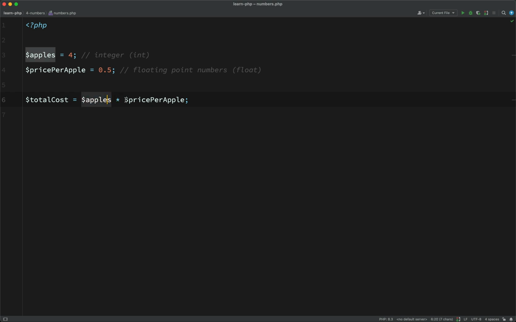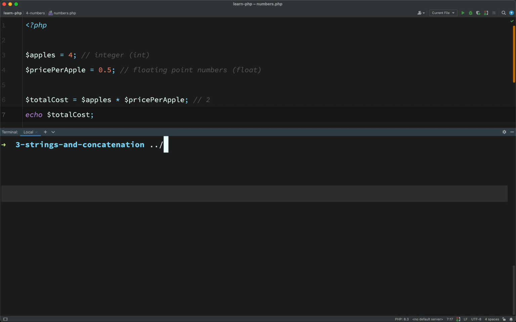So we are multiplying apples by price per apple, so 4 multiplied by 0.5, so we should get a total of 2 here. Okay, so let's echo total cost. And we'll make sure we're in the right folder, so we need to be inside of numbers, and then we just need to run PHP numbers.php, and as you can see we get a value of 2 for that.